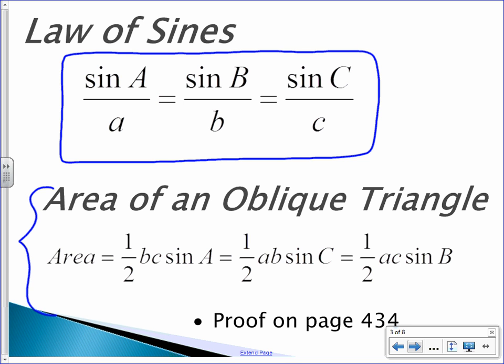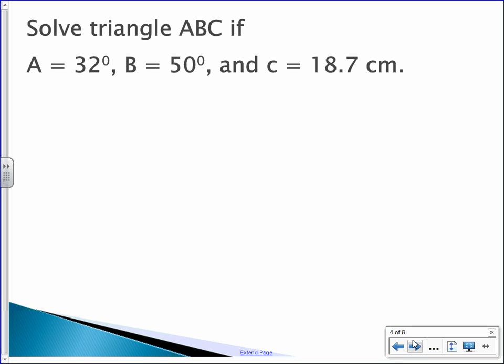Okay, so we're going to start with a basic example. This is an example of the kinds of problems that you saw last night. Here we have angle A is 32 degrees, angle B is 50 degrees, and side C is 18.7 centimeters. Do you see a triangle up here?